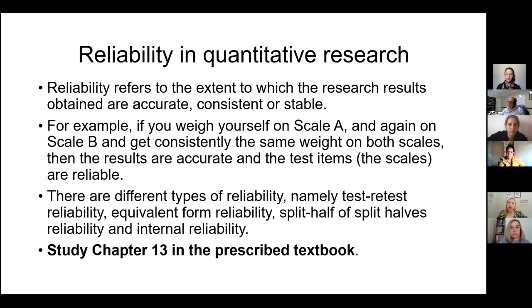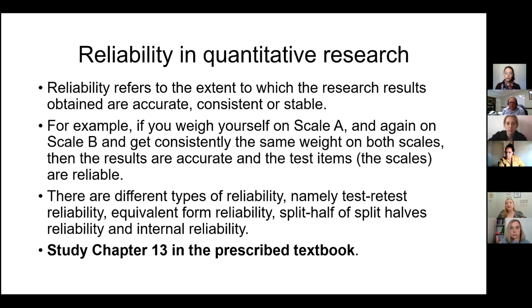So let's say you weigh yourself on your scale and you weigh 60 kilograms, and you weigh yourself on another scale, and that also gives 60 kilograms, then you know that is a reliable outcome, and that the scales that you are using are also reliable, that they're not faulty.